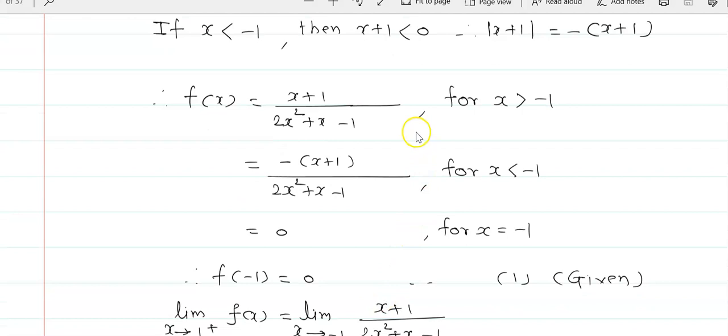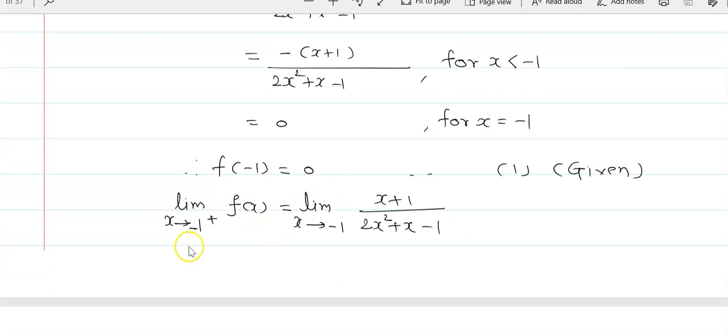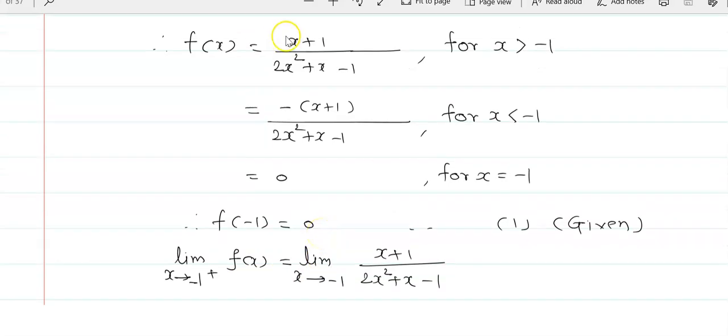It is simple: if we take the left hand side limit and the right hand side limit, again we will get the answer to this question. As x tends to minus 1, that is the right hand side limit, we take the function f of x equals x plus 1 upon 2x square plus x minus 1, for x greater than minus 1.